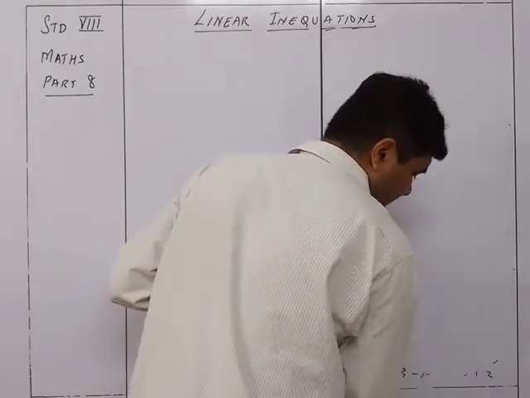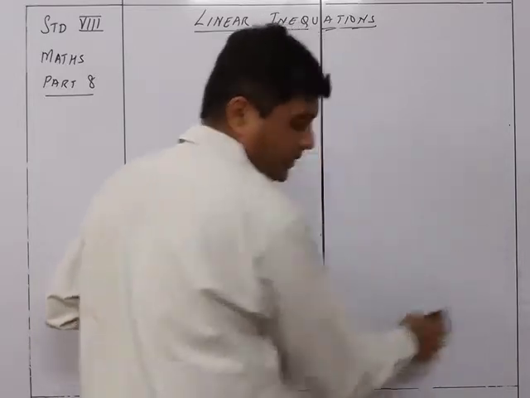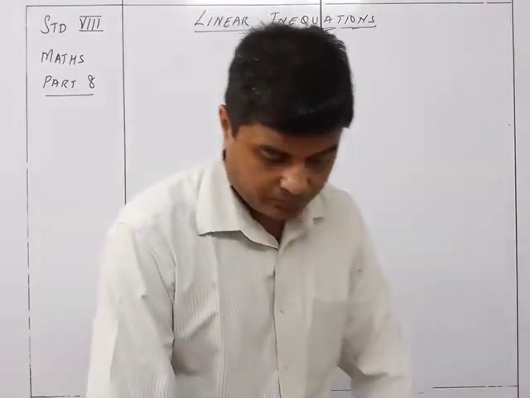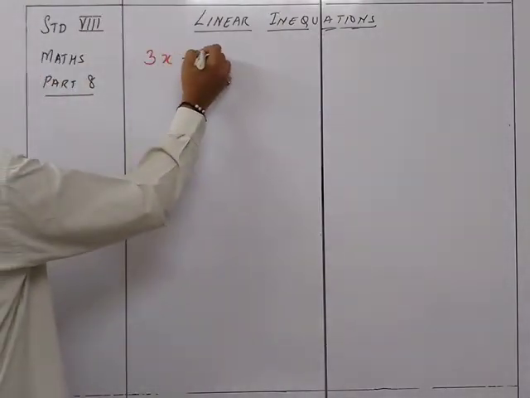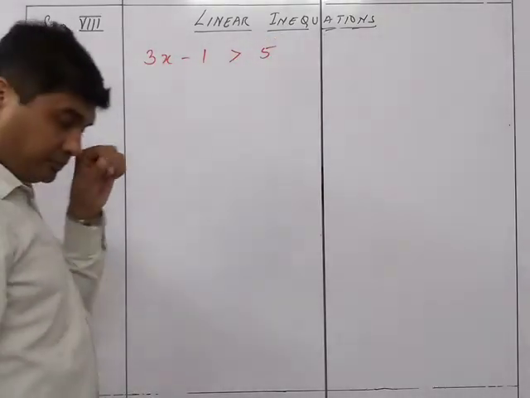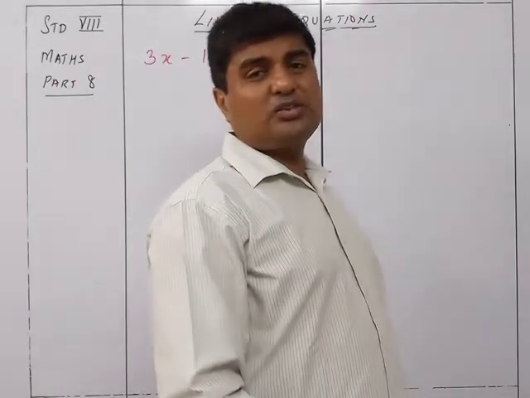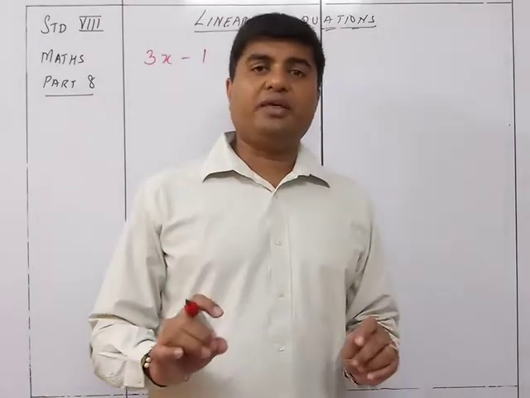So let's see. Now, suppose we have got a question over here as 3x minus 1 is greater than 5. Now when you get this kind of question, you are going to do everything normally.